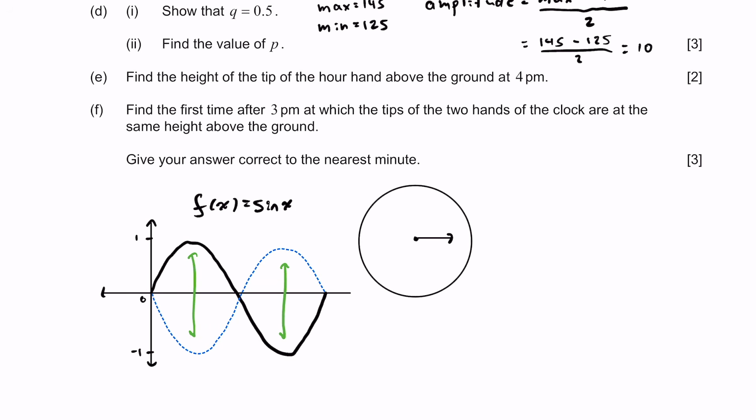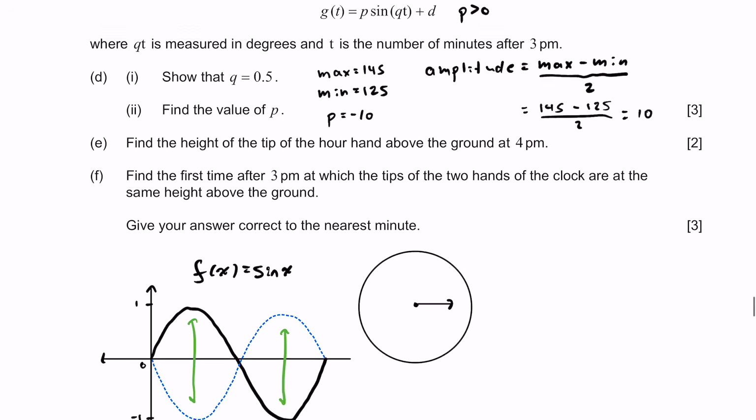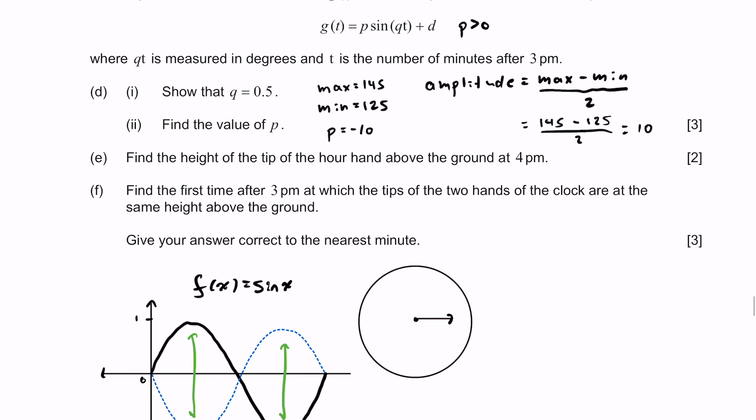So instead of having just 10 as the value by which we multiply sine, we'll multiply it by negative 10. So 10, again, is our amplitude. It's the height of the wave, essentially this 10 centimeters of the hour hand, the distance from the midline. But for this function, it doesn't actually increase at the beginning, it decreases. So we're going to need to multiply by a negative. All right, so the answer in the end is negative 10.